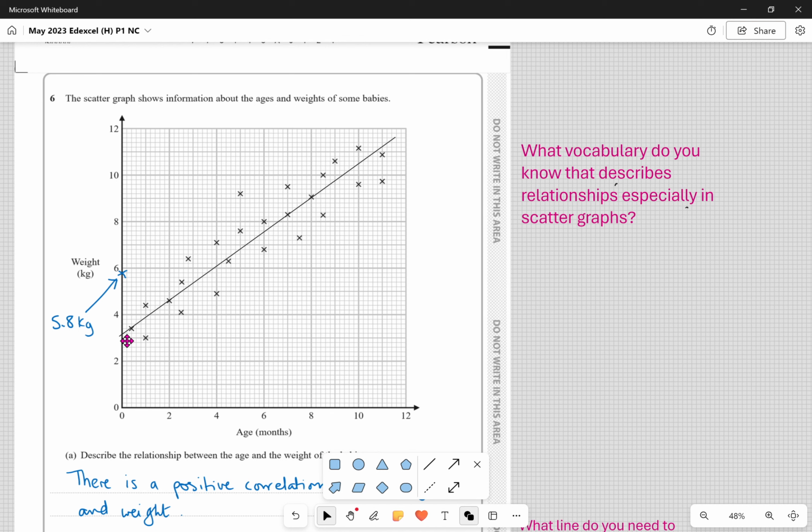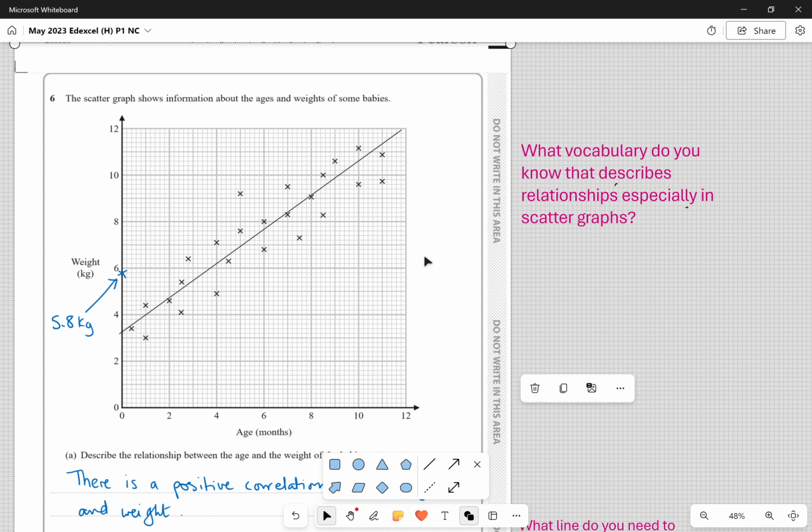When you draw it, you will have almost, or maybe sometimes even an exact number of points, the same number on either side of the line. Basically the line is trying to show the general trend of the data. It's also trying to follow the best path through the points, keeping points on either side equidistant from the line and about the same number on each side of the line.